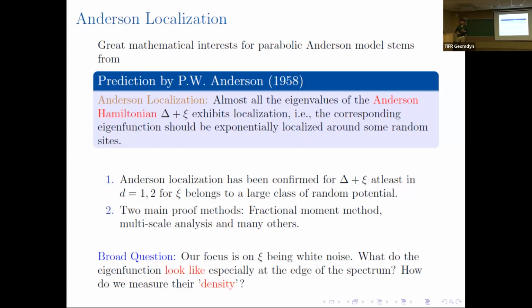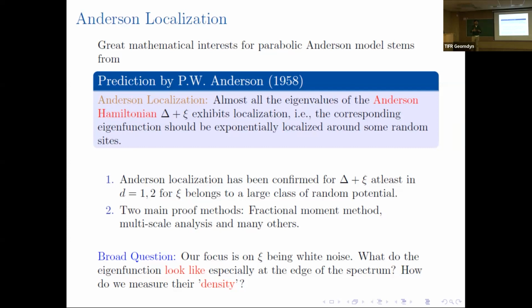This was the proposal, and he was able to prove it for a specific choice of noise, in the lattice, in the discrete case. But later, this has been proven in higher dimensions and for many other choices of noise.